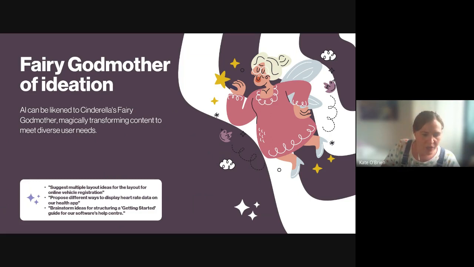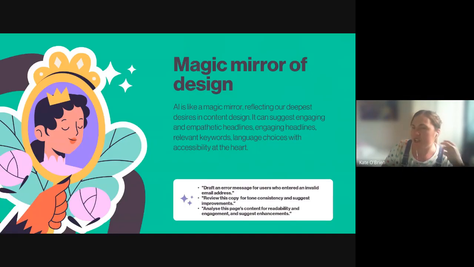Okay, on to the next stage of the process, and we get on to design. Yeah, I feel like it really is like a magic mirror. I love the way it can suggest various different copy, headlines, keywords, can help you with your language choices, and all with accessibility right at the heart of it.